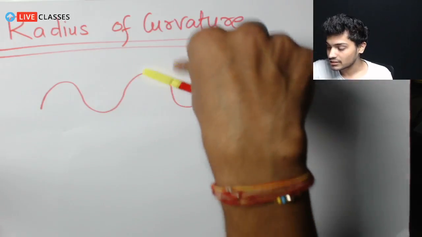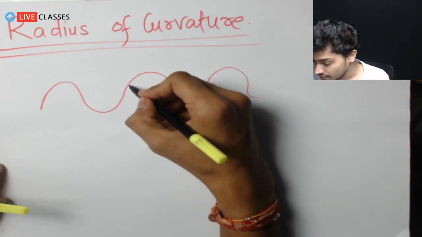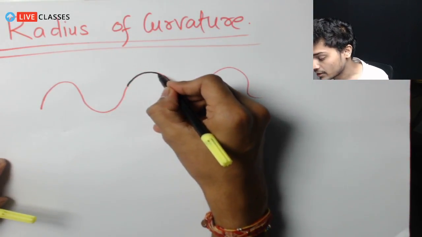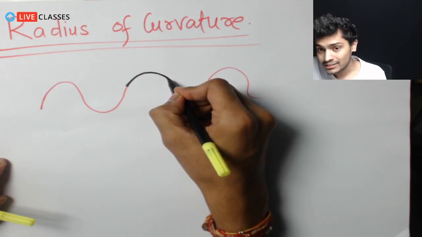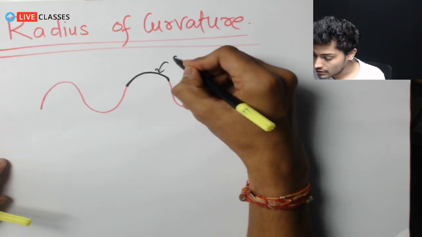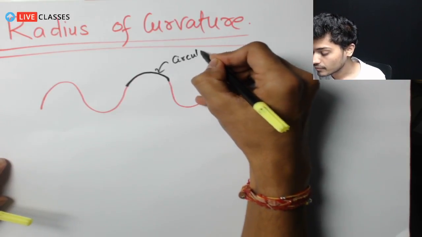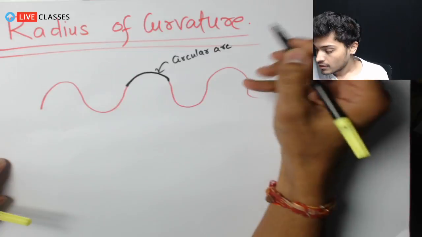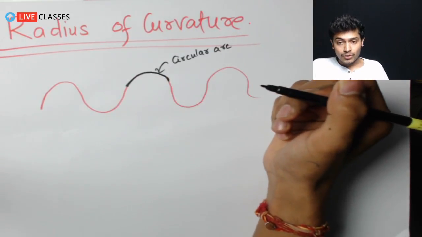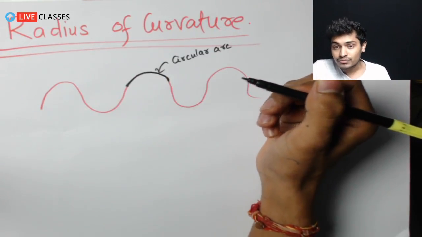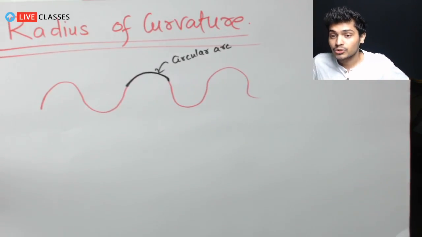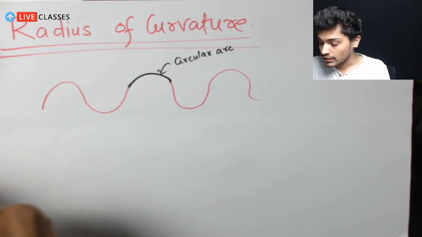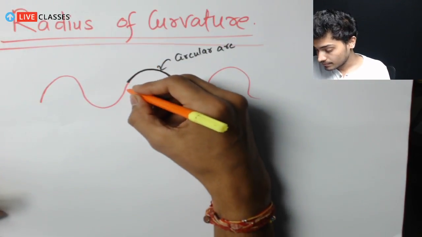For example, let's consider this particular segment. We can call this a circular arc, right? If this is a circular arc, then it must be a part of some circle. Yes, definitely, if this is a circular arc then it must be a part of some circle.